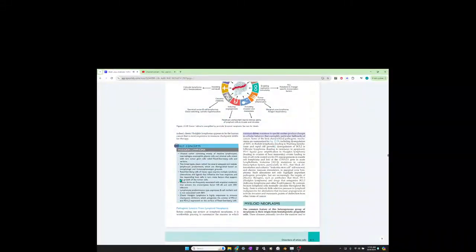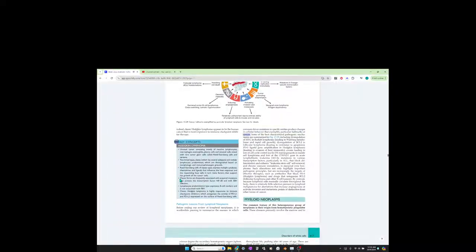Pathogenic lessons from lymphoid neoplasms. Before ending our review of lymphoid neoplasms, it is worthwhile pausing to summarize the manner in which common driver mutations in specific entities produce changes in cellular behavior that exemplify particular hallmarks of cancer.